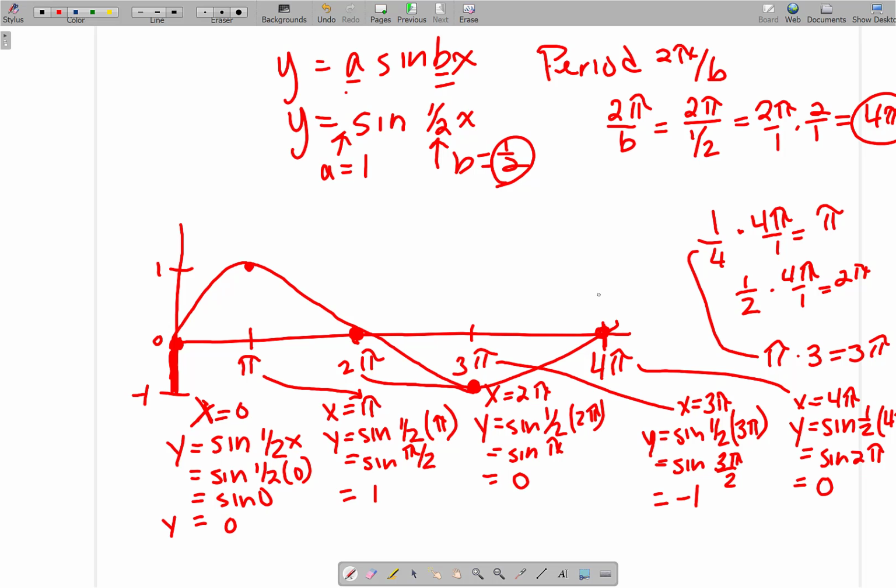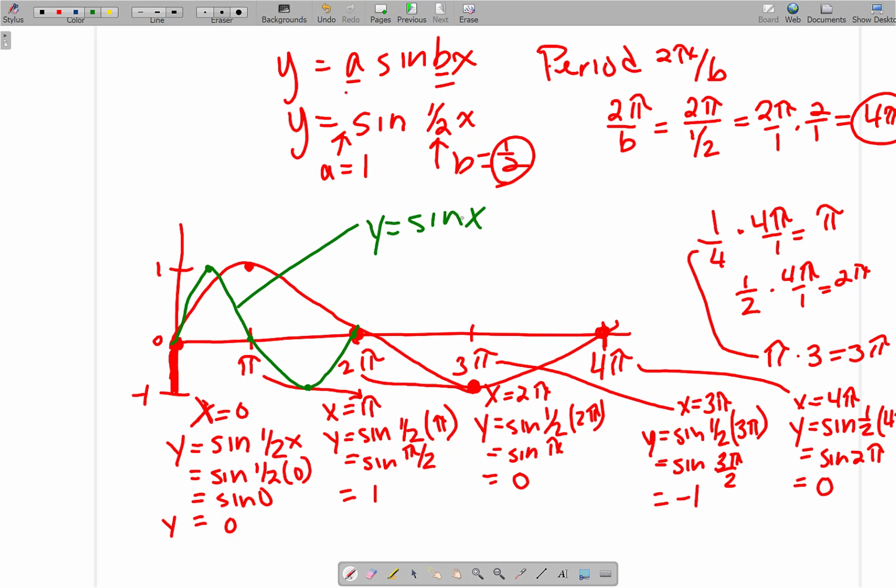Now, remember our original y equals the sine of x. Remember what it did. It started at 0, and then at pi over 2, it went to 1, and then at pi, it went to 0, and then at 3 pi over 2, it went to -1, and at 2 pi, it went to 0. So our original y equals the sine of x looks like this.